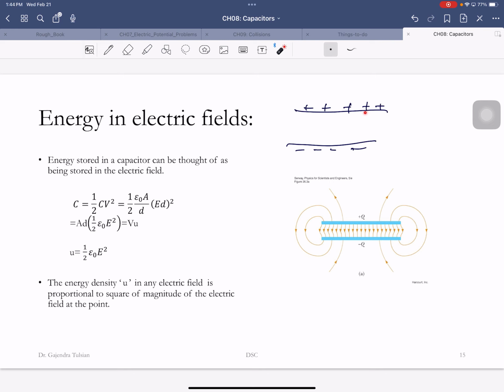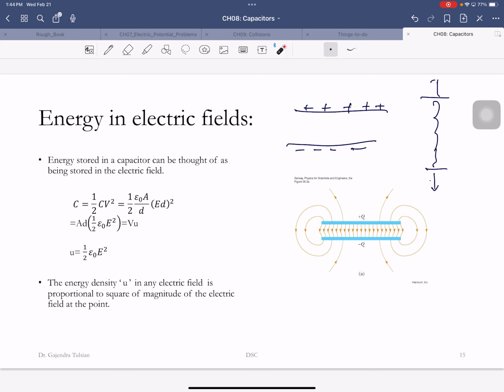The positive charge wants to attract the negative charge, right? So if you're holding them apart, it's like you're holding a stretched spring apart, and that's storing potential energy.